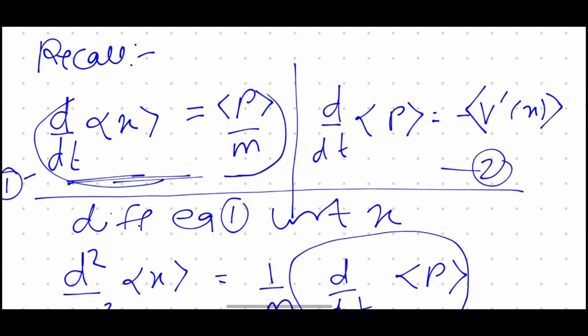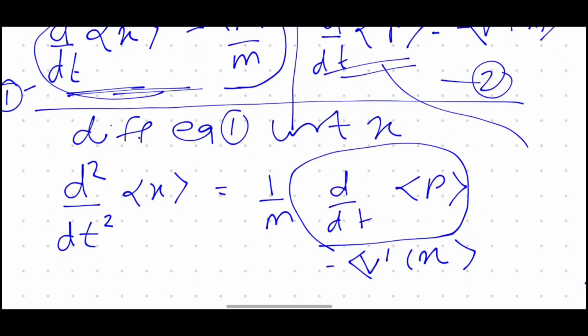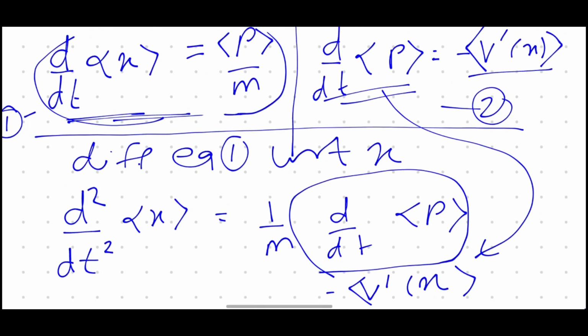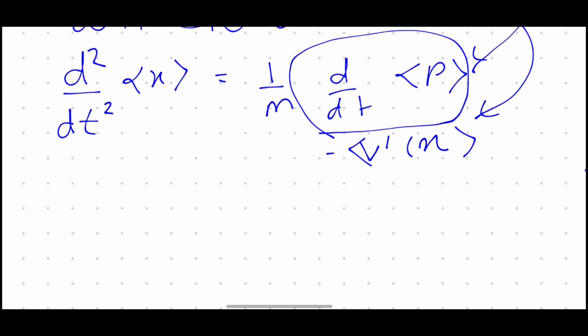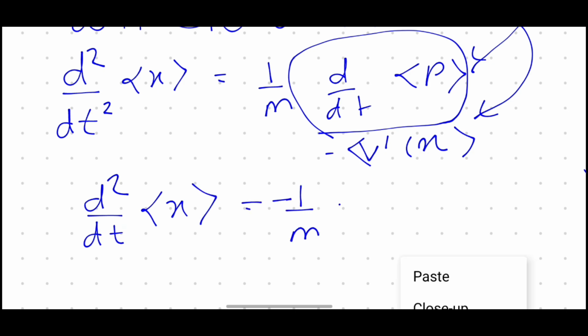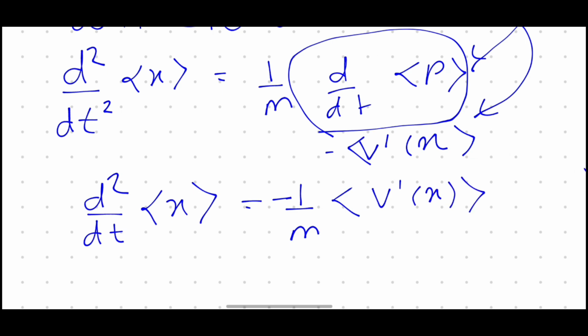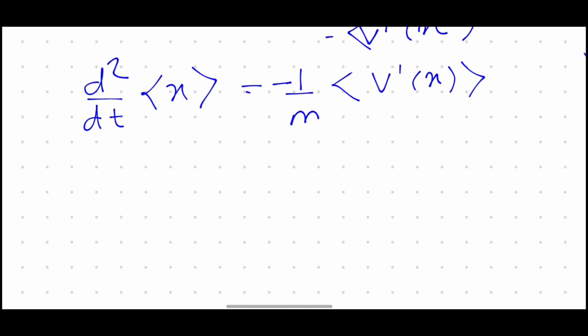If you look closely, this is what we got. So we are going to just put this value inside this part of the equation. So it becomes d square upon dt square of x is equal to 1 upon m, but it is minus now, v dash x.